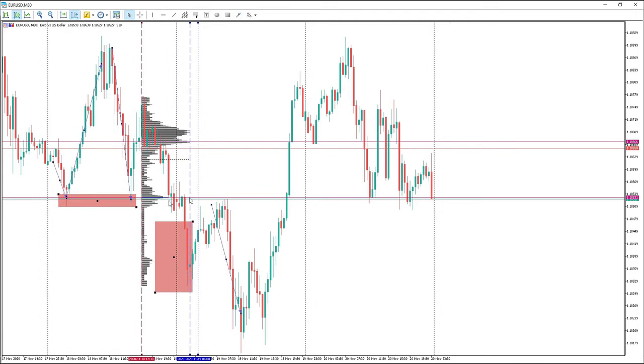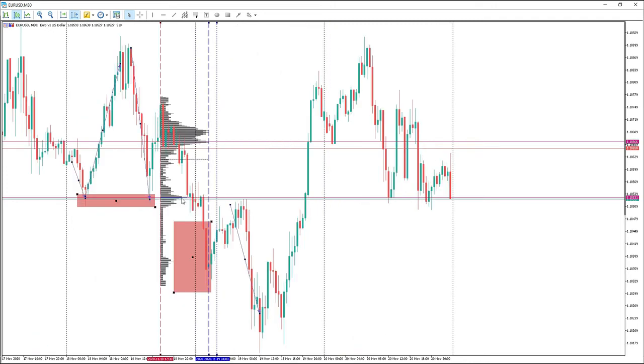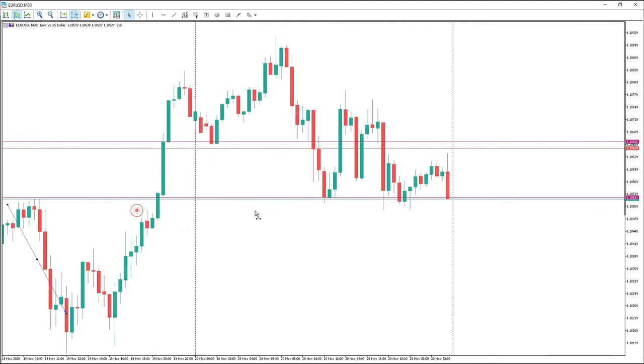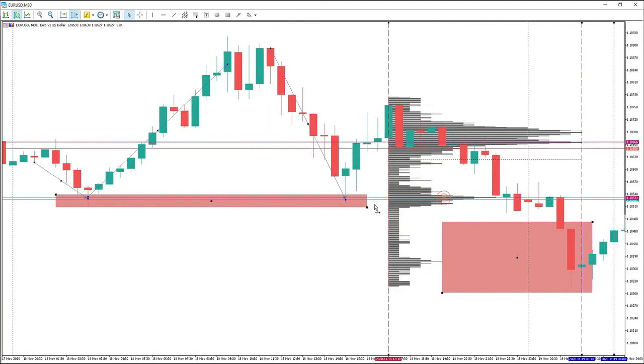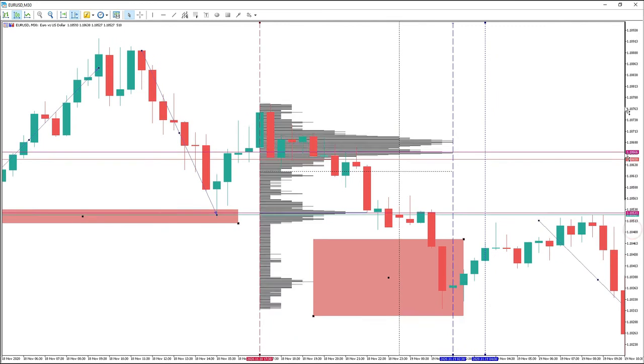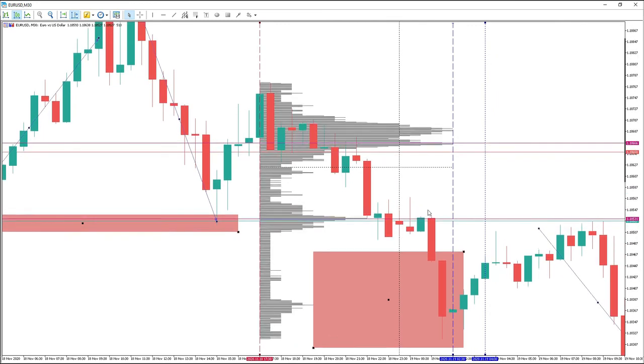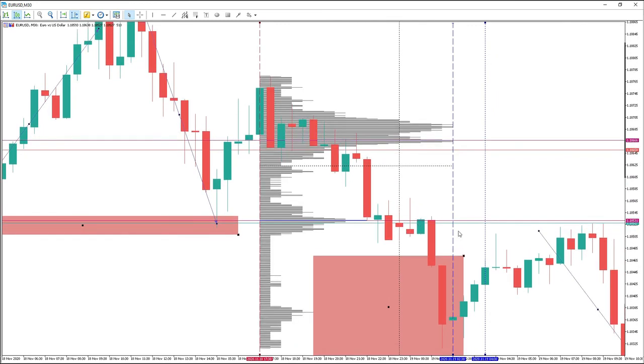So this mark here, we can also see there's a blue line there if we were to actually zoom in our chart. There is our blue line, as you can see it. This is our median point.